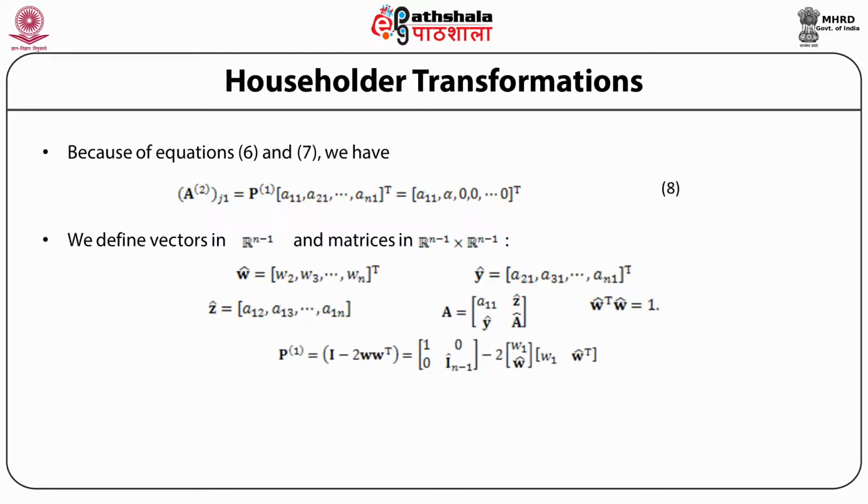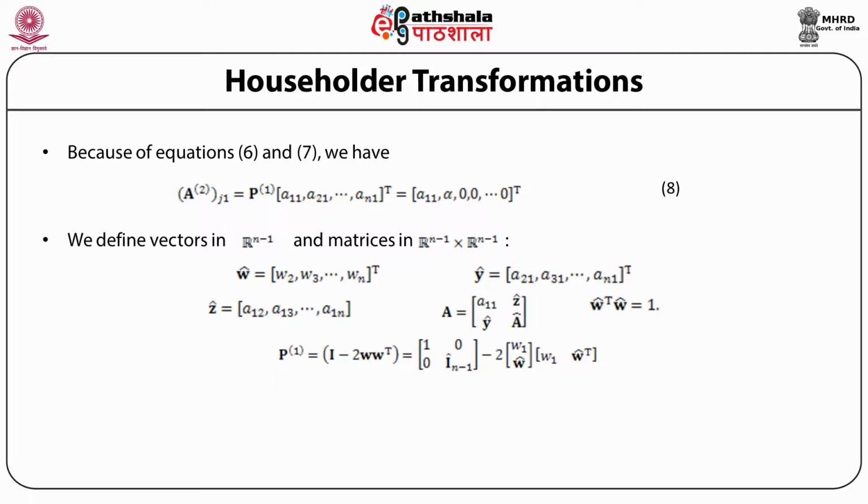P^{(1)} = I - 2 W W^T, which is the block matrix with 1, 0, 0 and I in n minus 1 dimensions minus 2 W W^T.